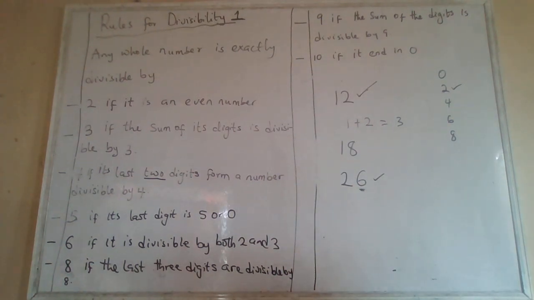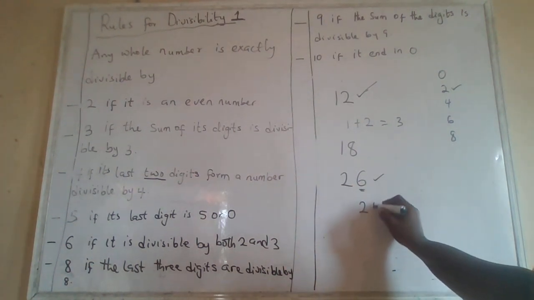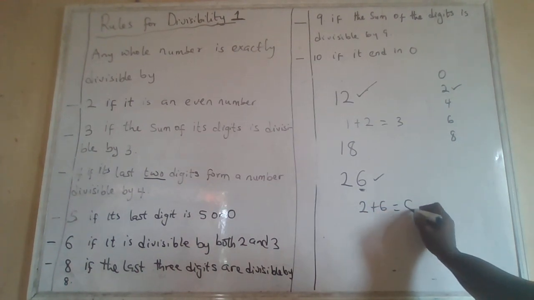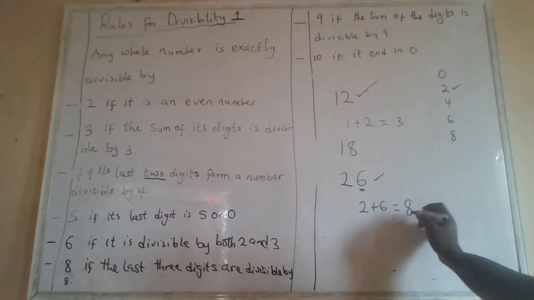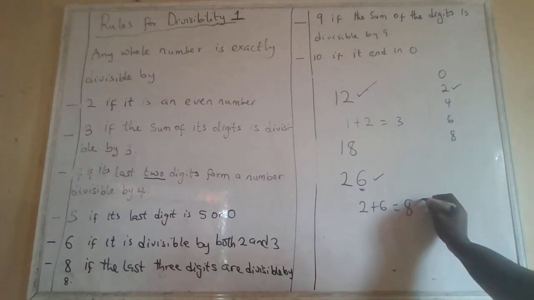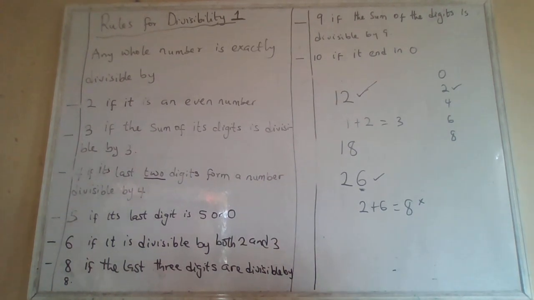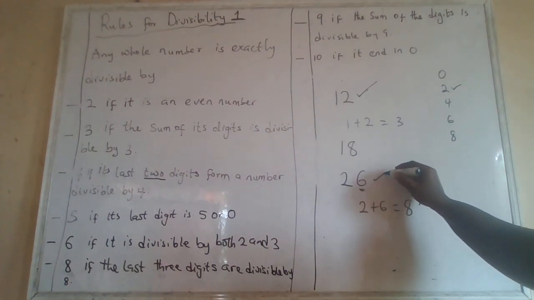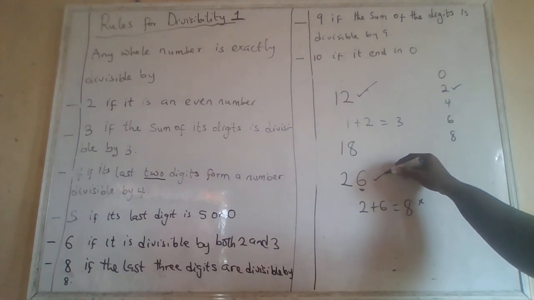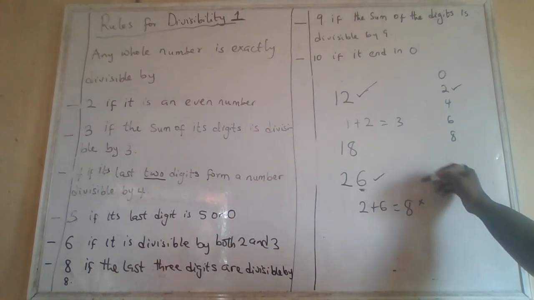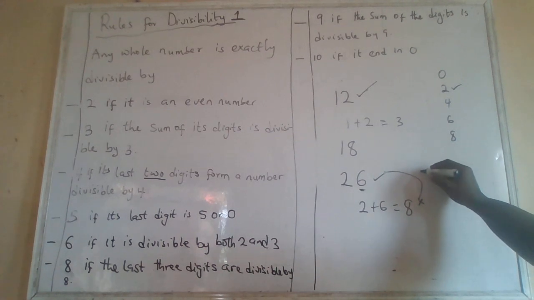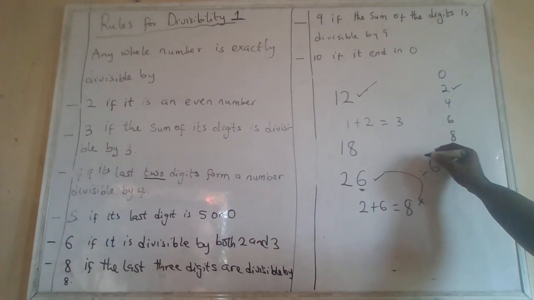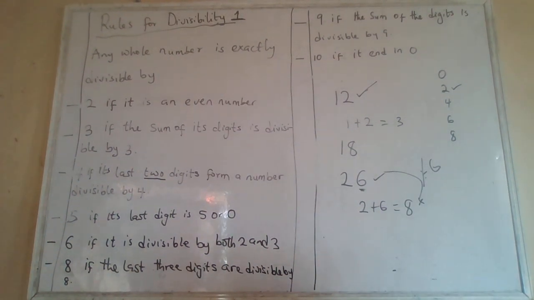But by 3, if I have 2 plus 6, I have 8. And 8 cannot be divided by 3 without a remainder. So we now discover that yes, 26 can be divided by 2, but cannot be divided by 3. Therefore, it cannot be divided by 6.